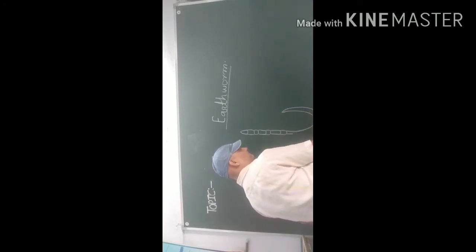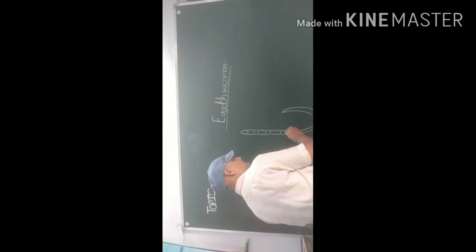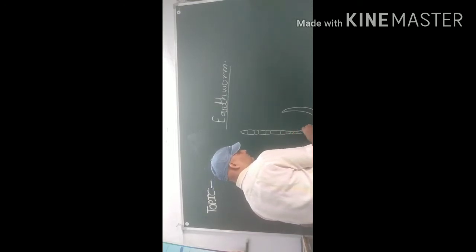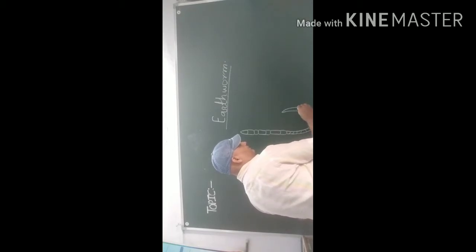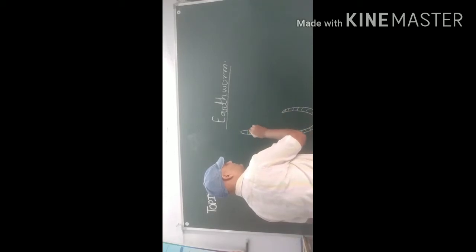Generally, 100 to 120 segments are found in the body of an earthworm.